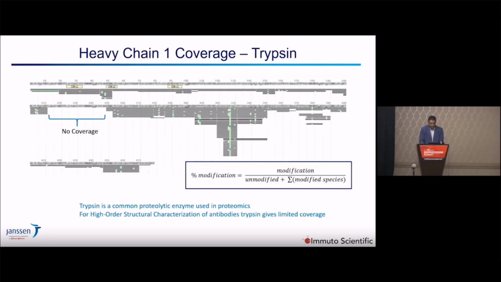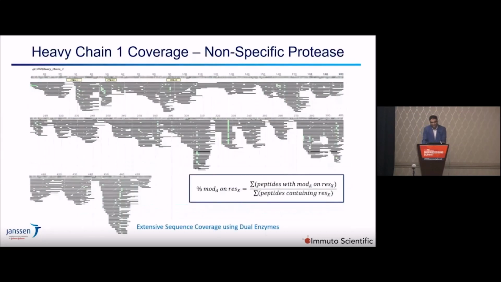A better way to address these coverage issues is to use additional proteases in combination with trypsin. And that's what Immunoscientific has done here, adding a second enzyme along with trypsin, which introduces non-specific cleavages in addition to the highly specific cleavages that you get from trypsin. This produces very short reads along the entire molecule, and we get 100% coverage. But as you may note, the diversity of the peptides creates additional problems.